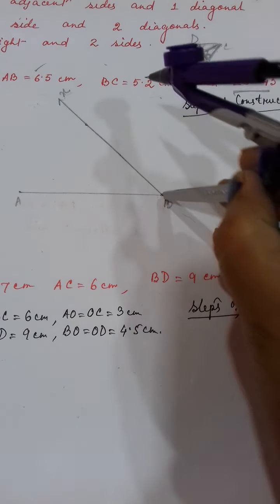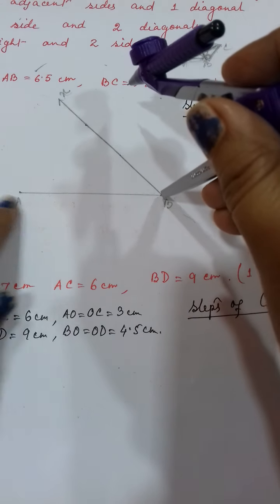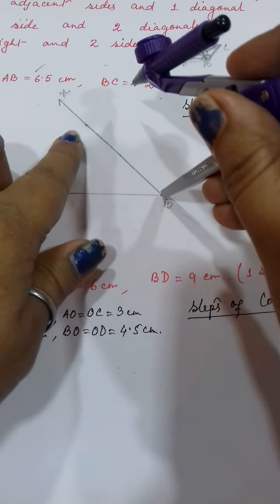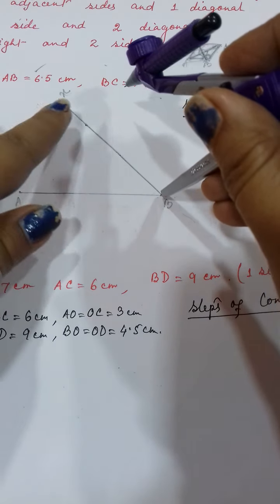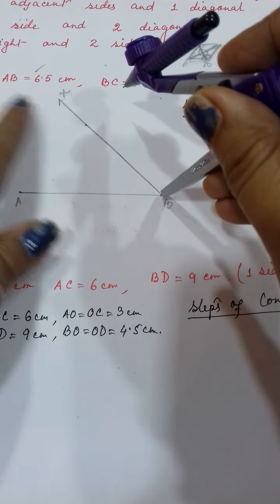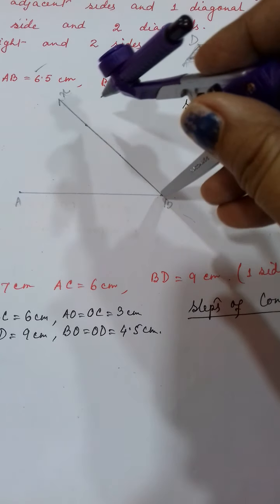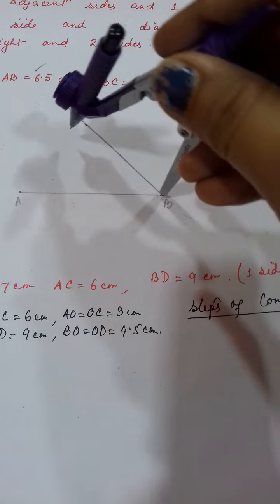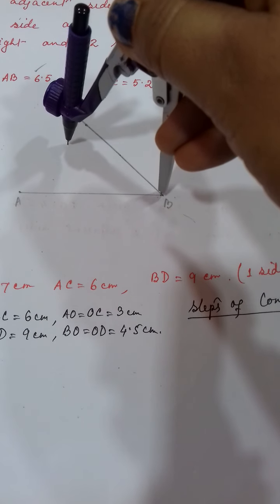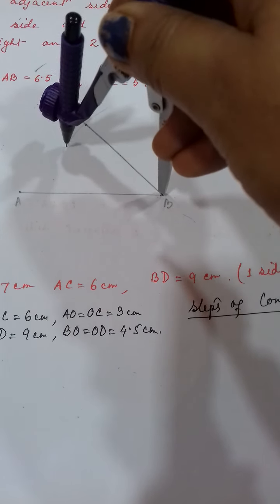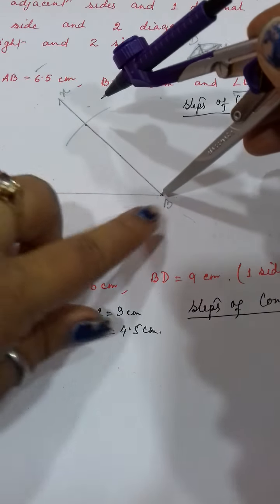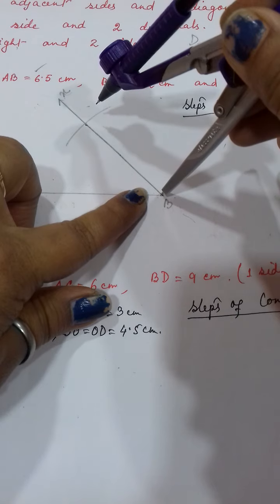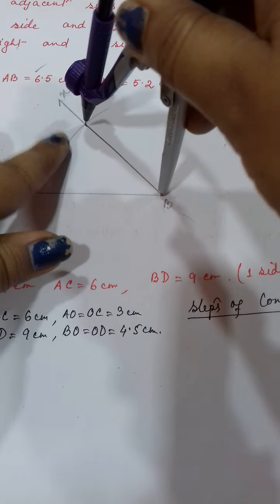Now in ABCD, where you have constructed the angle, C will be here. So with B as the center and with 5.2 centimeter, you draw an arc which will intersect the line segment BX. That means, clear, at this point.